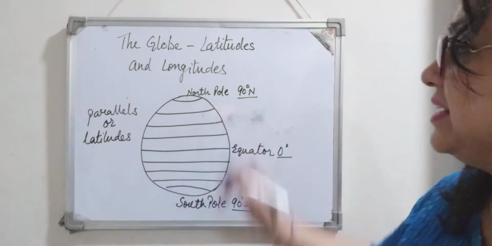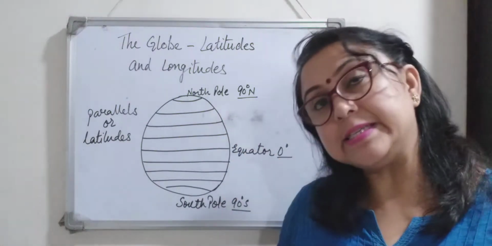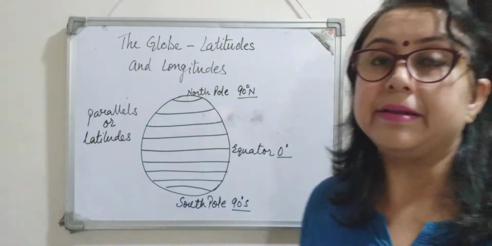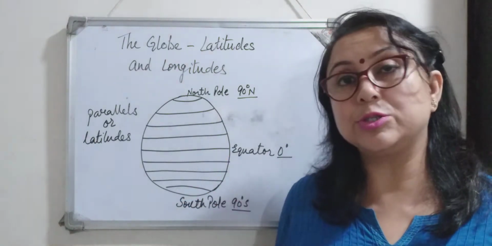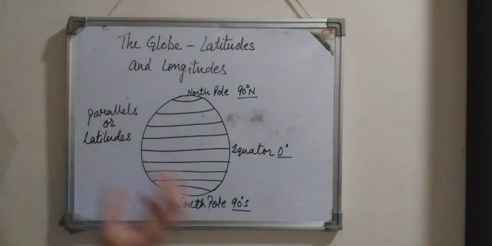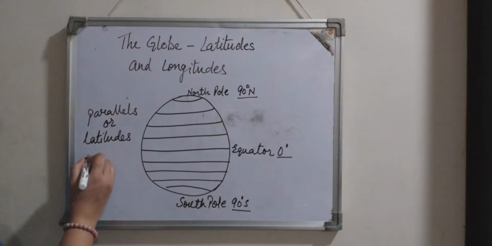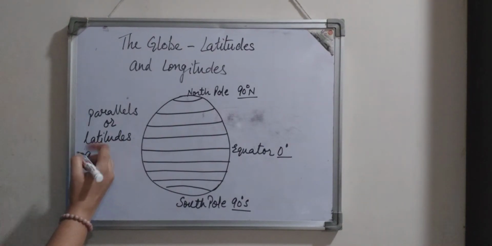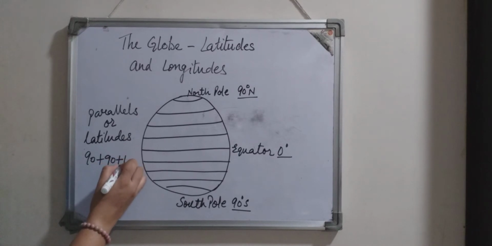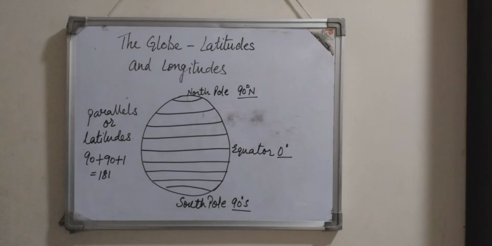So in the northern hemisphere we find 90 such lines, and in the southern hemisphere also we find 90 such lines. So altogether, how many parallels or latitudes are there? 90 in the northern hemisphere, 90 in the southern hemisphere, plus 1 equator, that is 181, right?